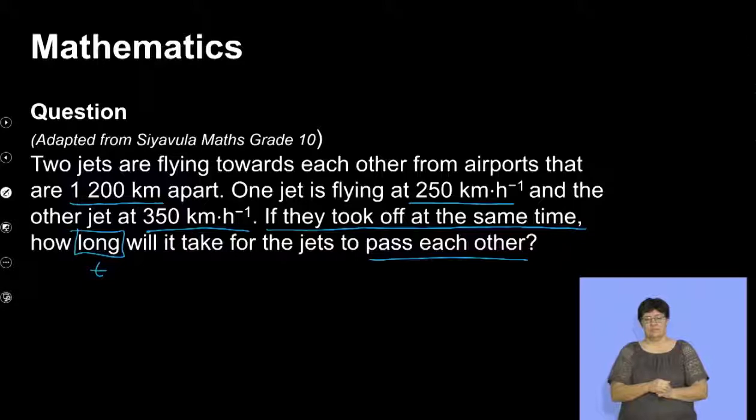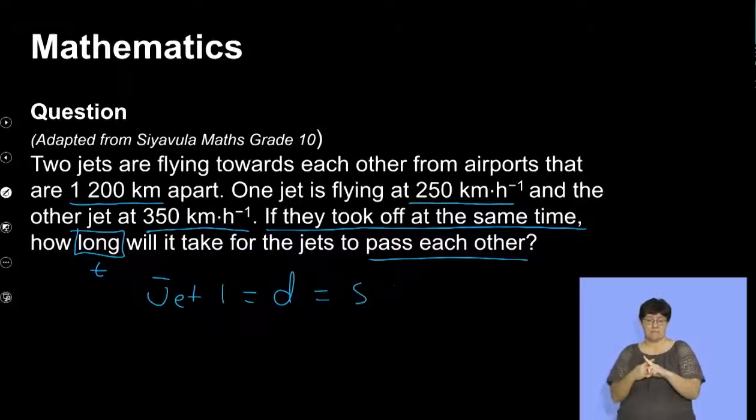And remember, distance is given by speed multiplied by time. Remember when you did your rate in the earlier grades, this is where we are going to use that. So for jet 1, the distance is equal to the speed multiplied by the time.